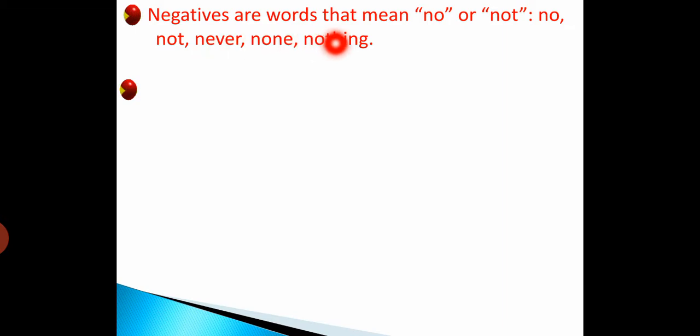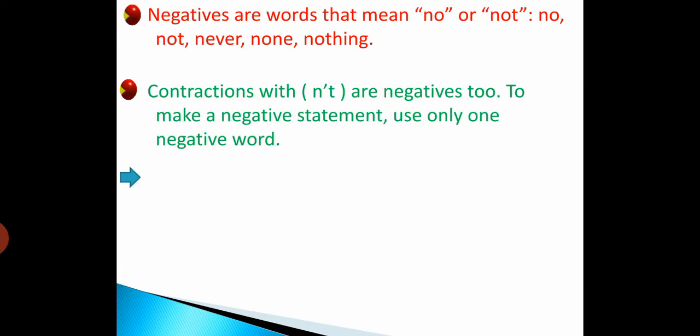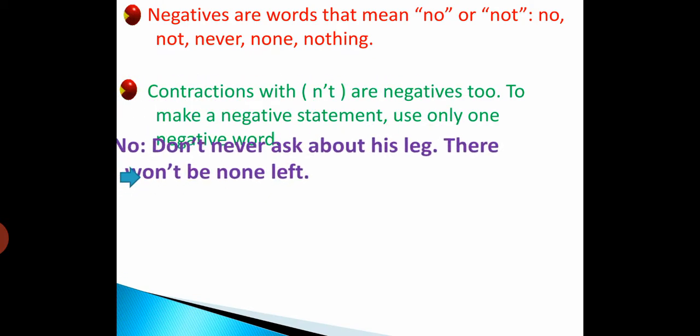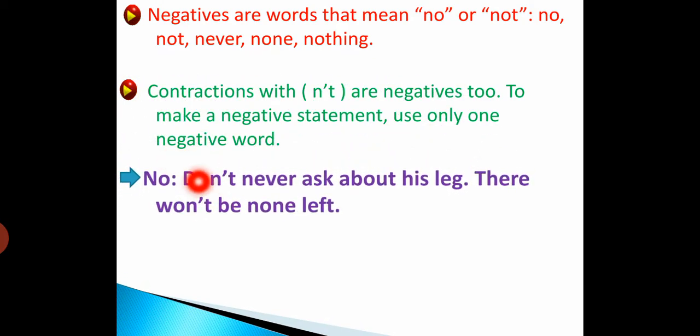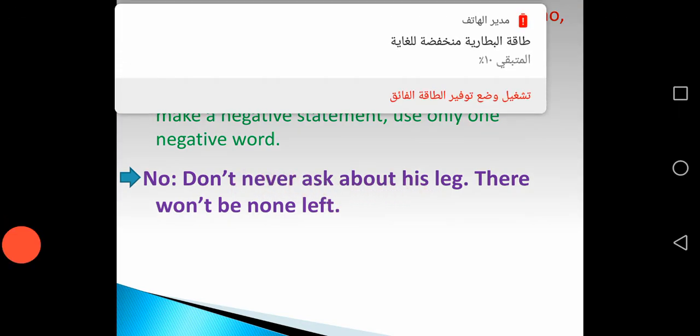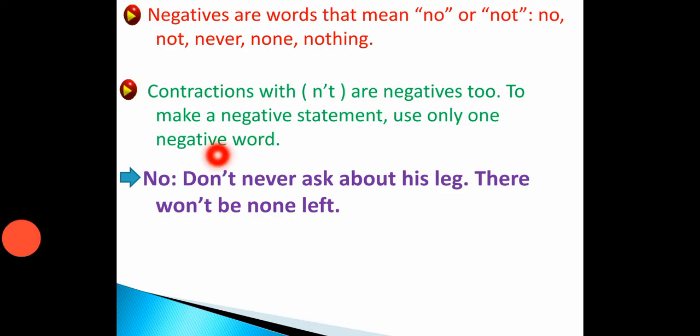Negatives are words that mean no or not, never, none, nothing. Contractions with not are negatives too. To make a negative statement, use only one negative word. For example, don't never ask about his leg. In this example, how many negative words do we have here? We have two.